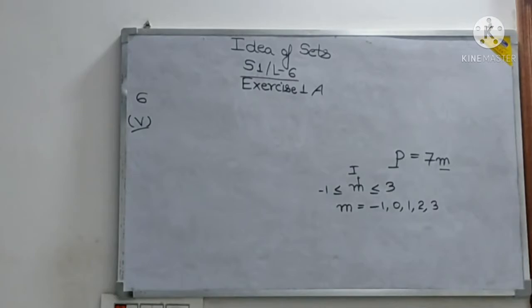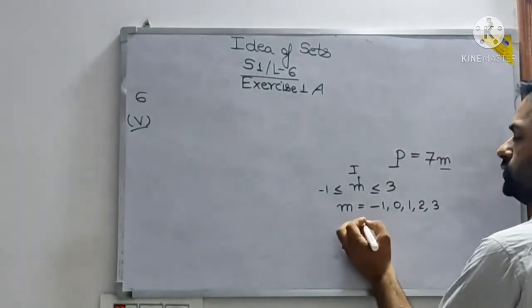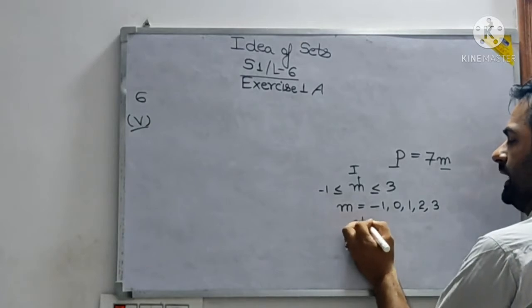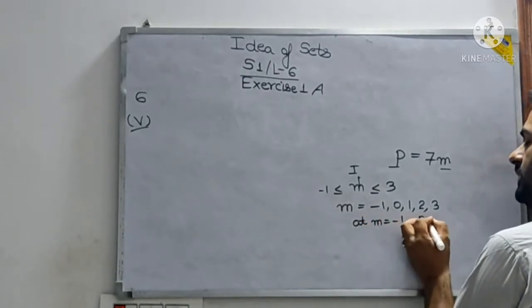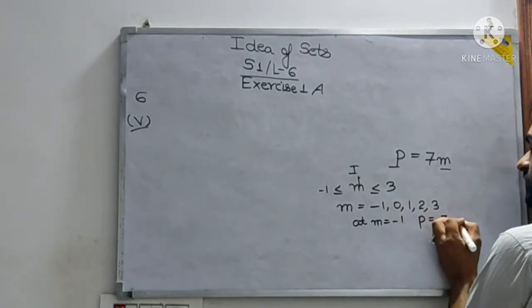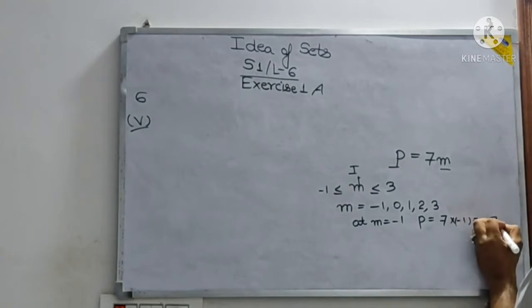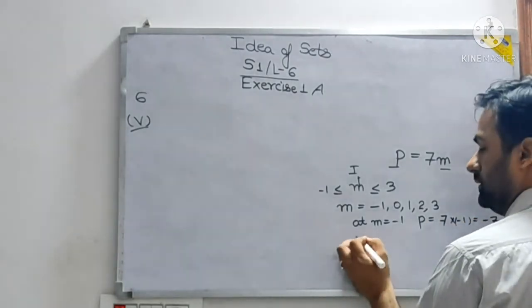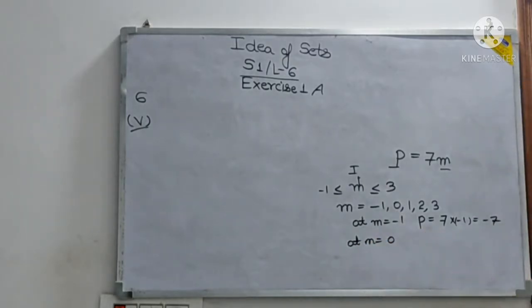Now, can we get different values of P as per the values of m? At m equal to -1, what is the value of P? 7 into -1, that is -7. At m equal to 0, any number multiplied by 0 gives you 0 only, so need not try.